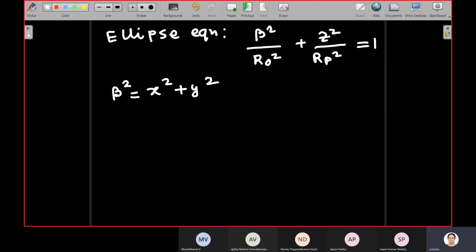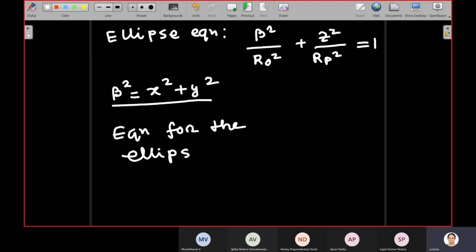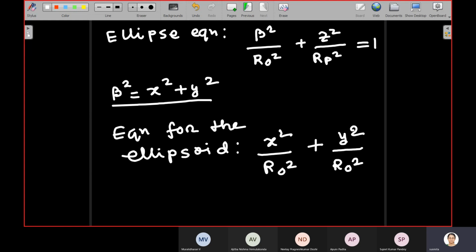So if we replace beta with this, we actually get the equation for the surface of the ellipsoid: x square by R naught square plus y square by R naught square plus z square by RP square equals 1.